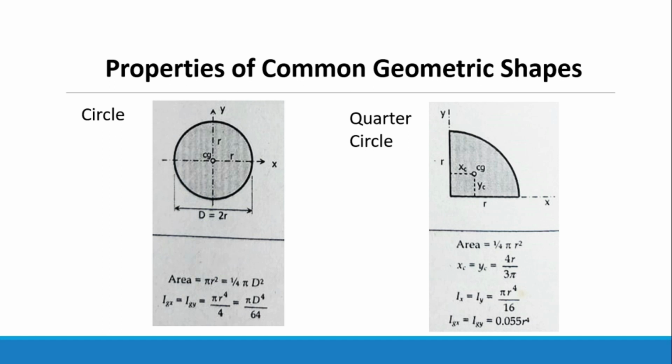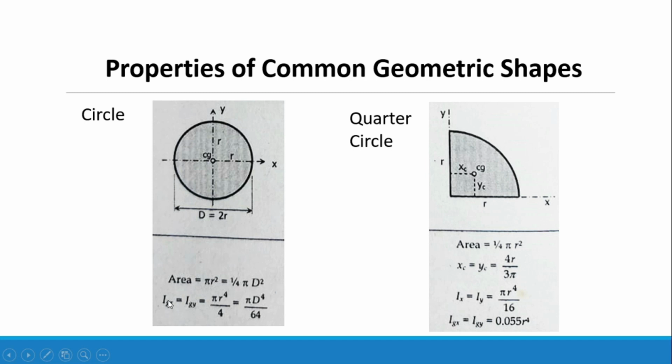Another shape is a circle with a radius r, and the diameter is always equal to twice the radius. The area of a circle is equal to pi r squared, or in terms of diameter, 1/4 pi d squared, or pi over 4 d squared.